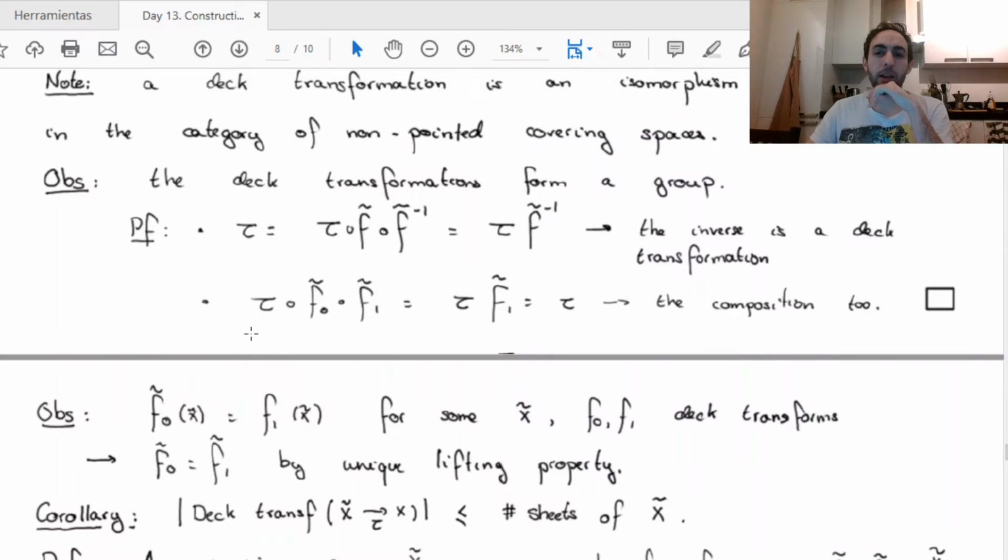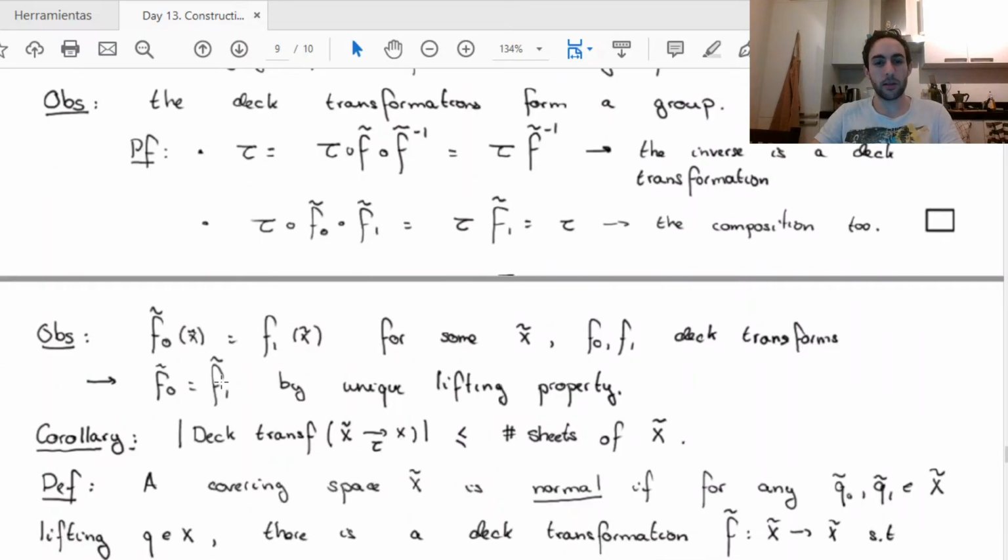And so the defining property for deck transformations is that there are not very many of them. There are only as many as elements in the fiber over a point. And why is this? Let's say I have two deck transformations, F0 and F1, and they both map a point of X tilde to the same place.